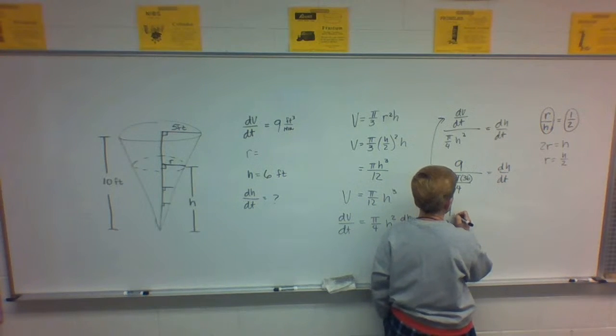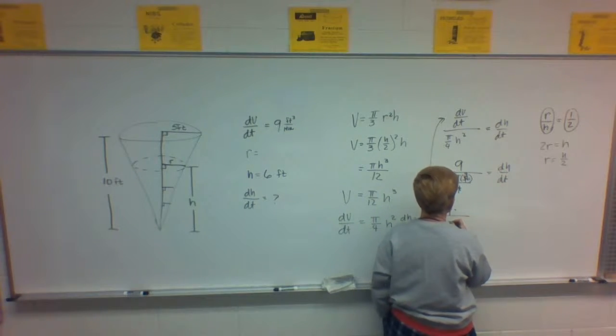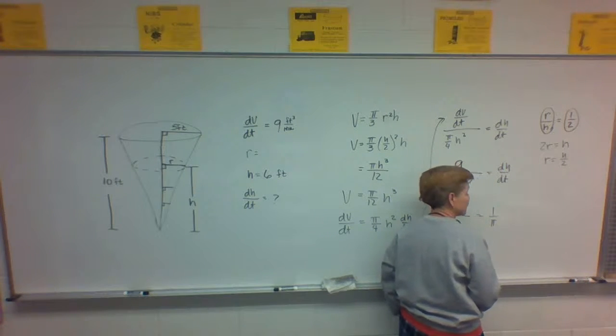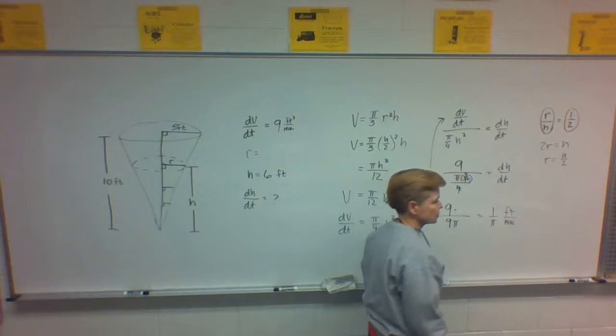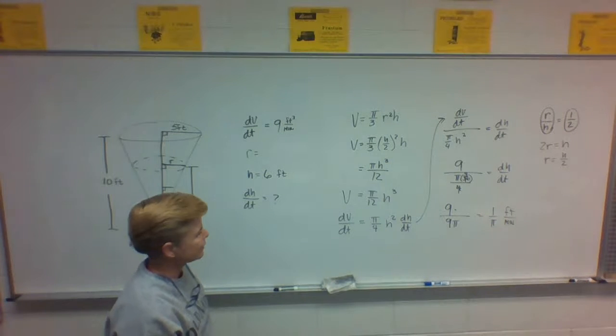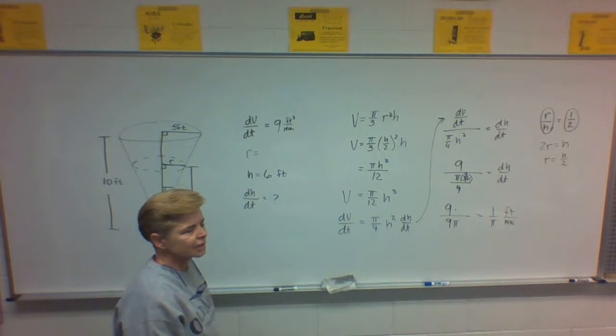So it's going to be 9 divided by 9 pi. That's how the height is changing. 1 divided by 3.14 approximately, at the moment that it is 6 feet filled. That's how fast the height is changing at that moment.